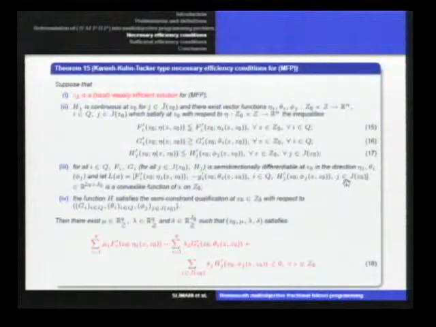Thus, we have obtained the following Karush-Kuhn-Tucker type necessary efficiency condition for MFP. If x0 is a local weakly efficient solution of MFP, and under some convexlikeness conditions and semi-constraint qualifications, we obtain that there exist Lagrange multipliers such that relation 18 is satisfied.